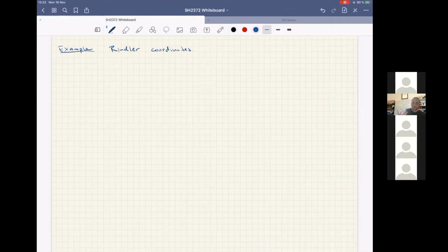So just as we did with polar coordinates in Euclidean space, we can introduce the following coordinate system. So we consider the following coordinates.